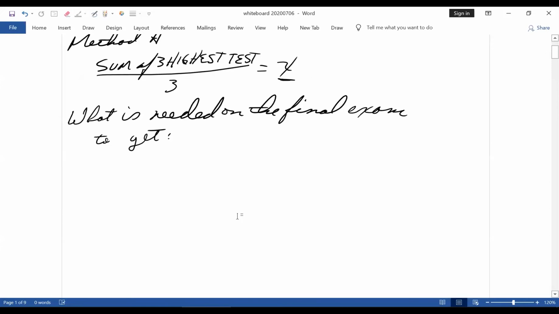Because if you have, your labs will either keep your grade the same or raise it a little. But I've done this for many years, and I don't think anybody is below this.